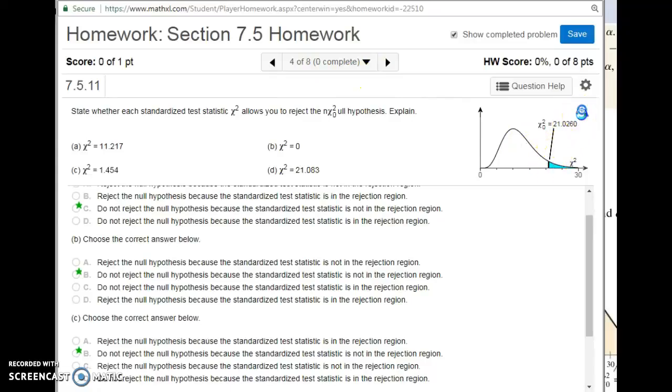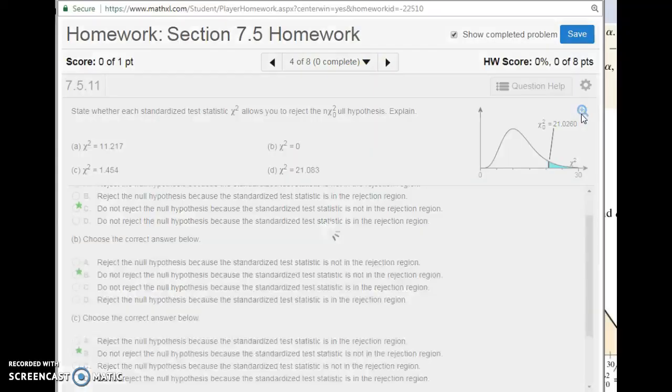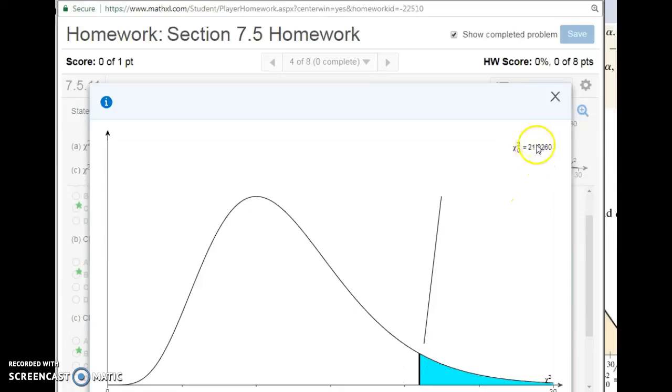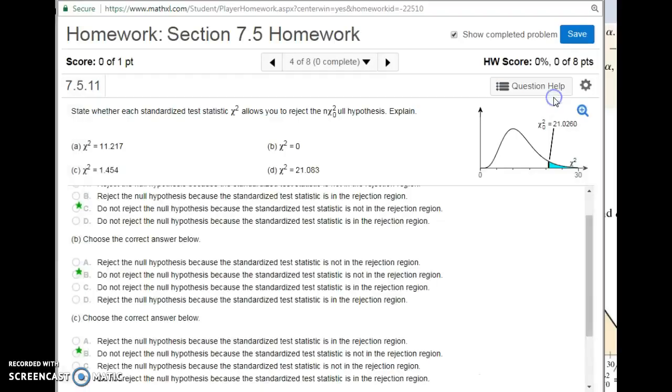The next couple, you're actually just going to be given a critical value. And it's stated up here. This one says 21.0260. I don't know if that's too small to read. But that's our critical value, 21. So any test statistic that's larger than 21 further into the tail would end up in us rejecting our hypothesis.